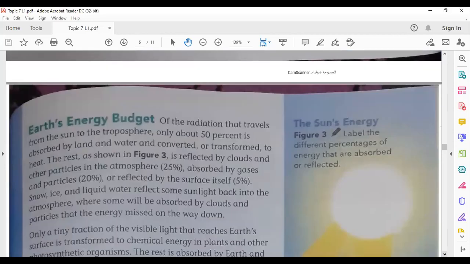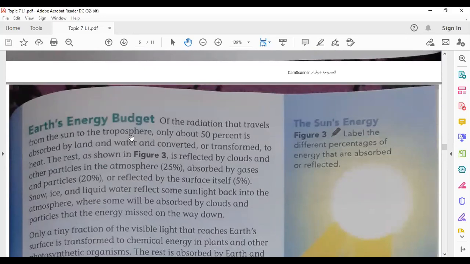We are going to talk about the sun's energy, how it is distributed on Earth.